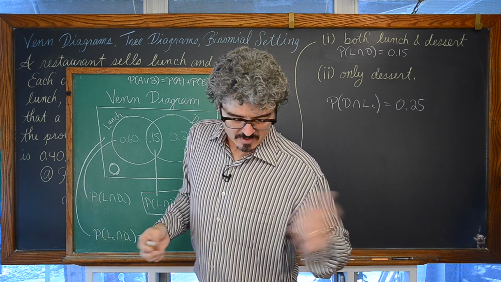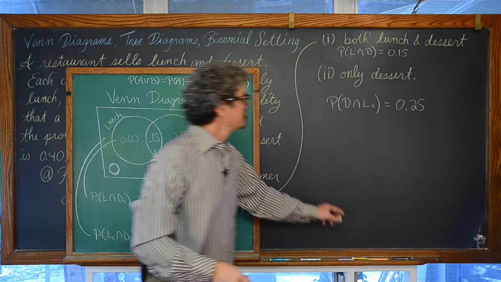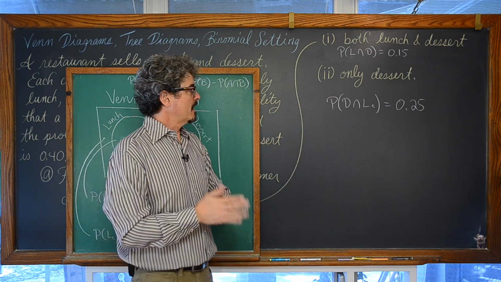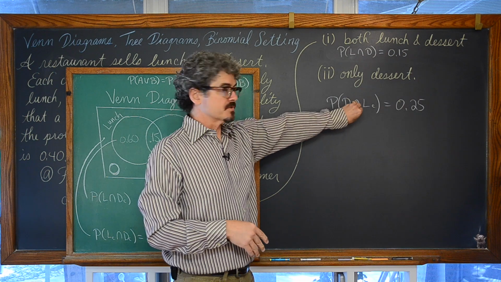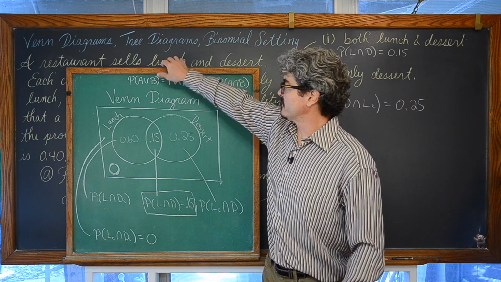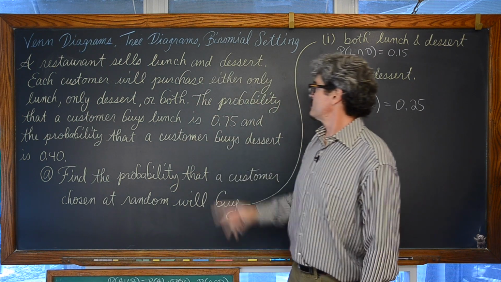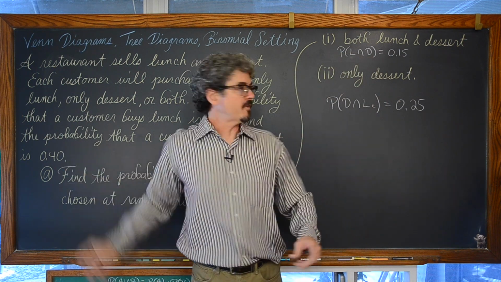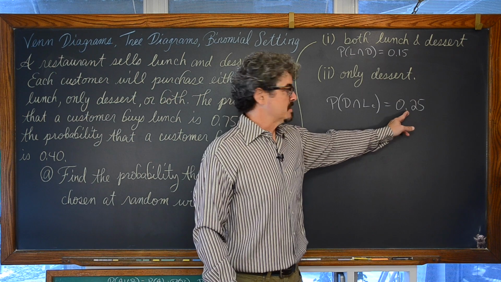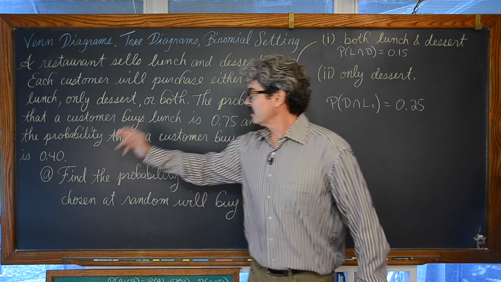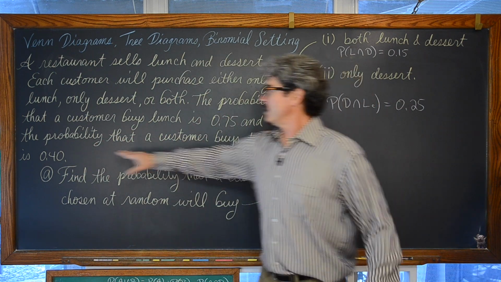Let me just double check, make sure I didn't write something silly. Perfect. Now notice I did not write the probability of dessert. The probability of dessert was given to us as 0.4. If I wrote the probability of dessert equals 0.25, that's in direct conflict with what's given to us in the problem.